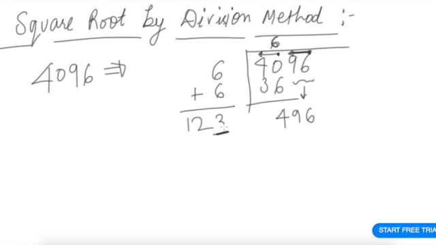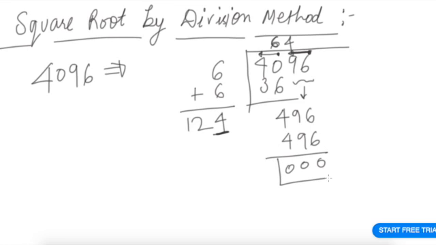So let's look for 3. So 123 times 3, 3 times 3 is 9, 3 times 2 is 6. Is it close to 496? Maybe not. Let's figure it out. 124 multiplied by 4 becomes 496. So the remainder is 0.